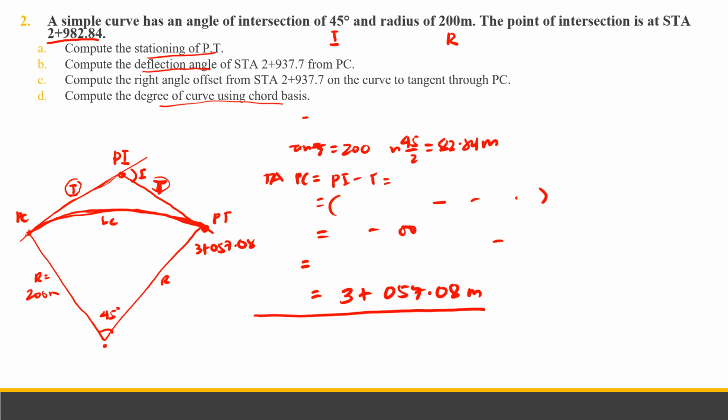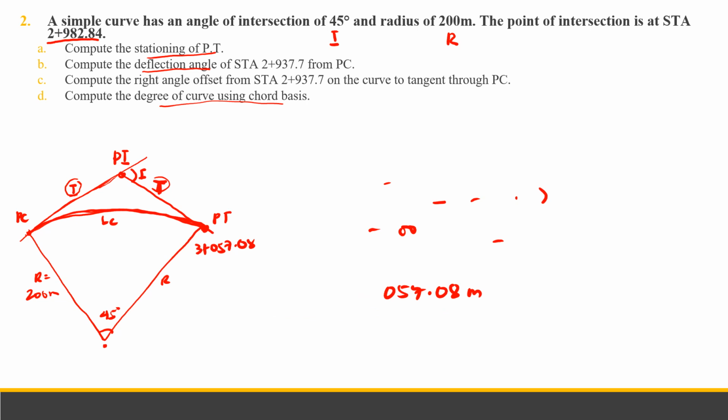Next is to determine the deflection angle at station 2937.7 from PC. So, meaning, a point along the curve at station, say, somewhere, so this is 2 plus 900, so siguro somewhere dito, so that is say point X. Ayan.